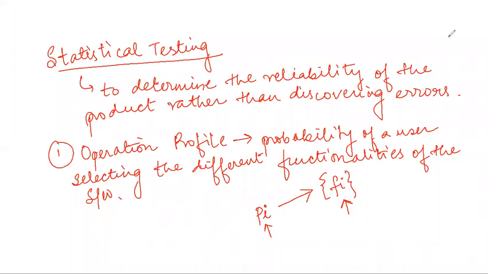Now, how do we define the operation profile of any product? We can divide the input data into a number of input classes. Suppose I have graphical editor software. Using this graphical interface, I will edit something, then print something, then do some different operations.